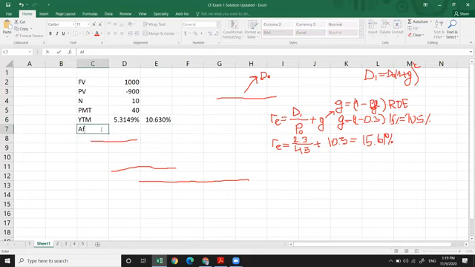So after tax, it will be equal to this times 1 minus the tax rate, which is 38%. So after tax, did I do correctly? Yes.